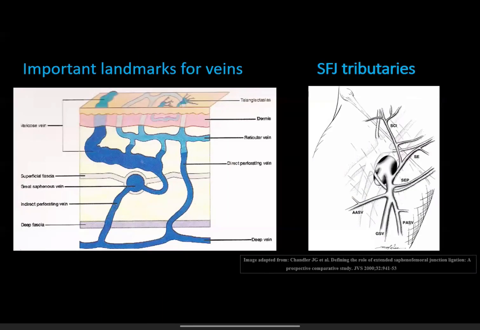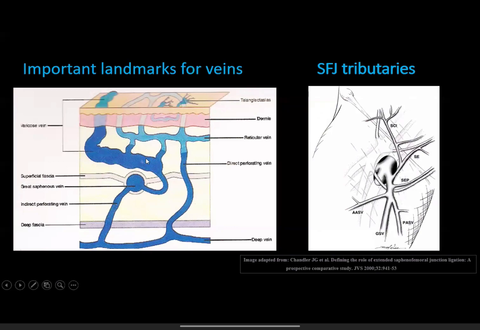So, important landmarks: the venous system lies in the superficial fascia. These are the cutaneous or the dermal branches. Then the reticular veins lie just deep to the dermis within the superficial part of the superficial fascia.